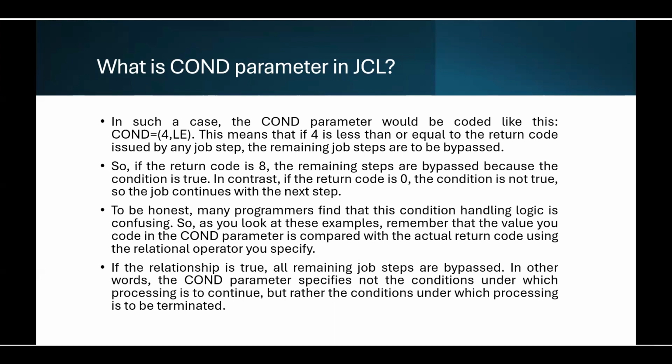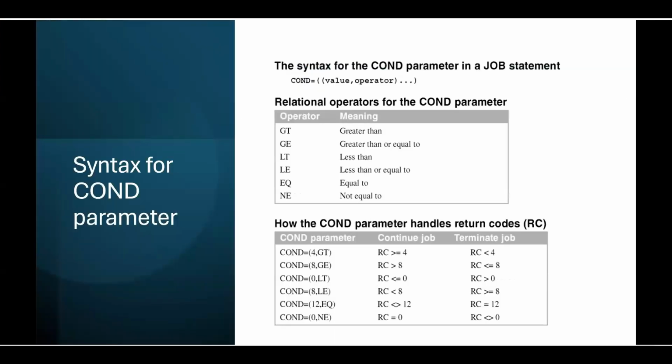If the relationship is true, all the remaining job steps are bypassed. In other words, the condition parameter specifies not the condition under which processing is to continue, but rather the condition under which processing is to be terminated. So just keep in mind, if the condition is true, it will bypass. If the condition is false, it will continue. Okay, so here are some examples of the syntax of the condition parameter in the JOB statement.